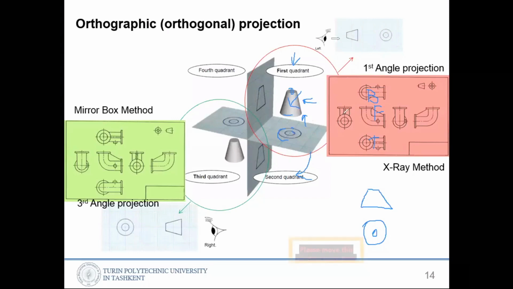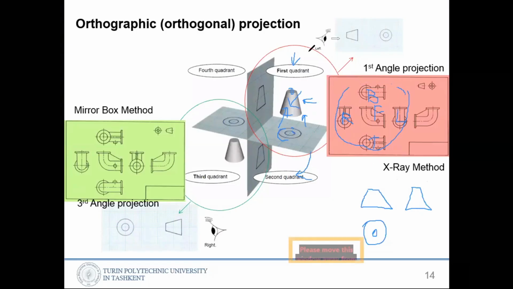If you look from the left hand side of the part, you will generate this one. This is a left view, and from the right hand side of the part, we will get this right hand side view. Actually, we are using only 3 views here: front view, top view, and left view. Left view is also like this. So this is first angle projection.